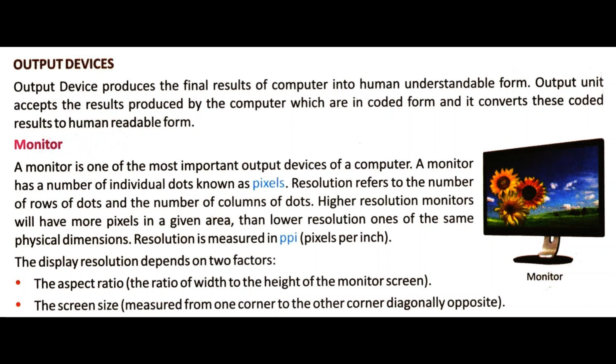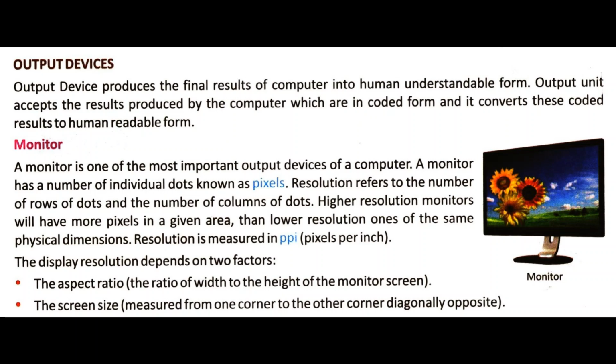A monitor has a number of individual dots known as pixels. As we know, the result or output given on the monitor by the computer is in the form of pictures, and pictures are made up of pixels or a combination of pixels.